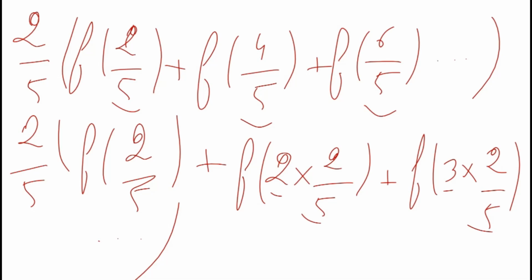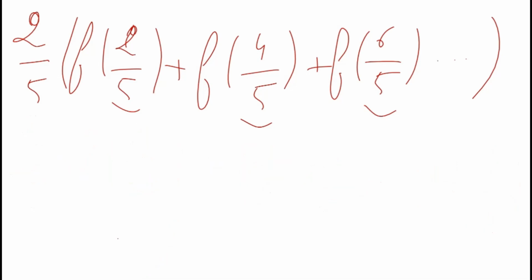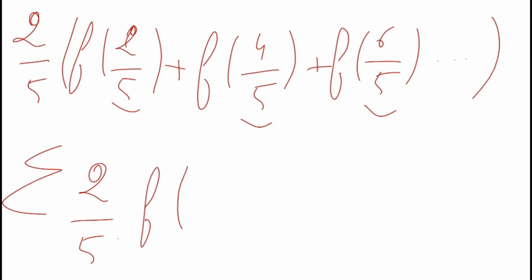So we can again come and rewrite this whole thing as just the sum of f of i times 2 over 5, times 2 over 5, and then the sum will go from 1 because we have 2 over 5, so we'll go up to, let's say we have 6 over 5, 8 over 5, and then 10 over 5.